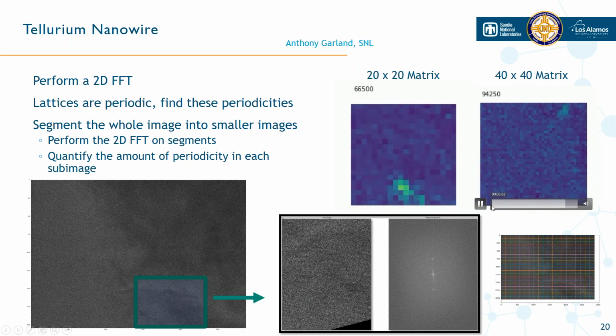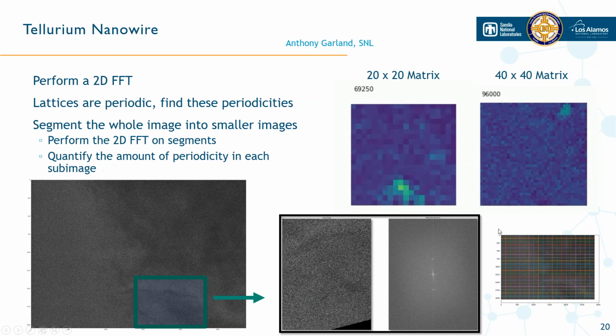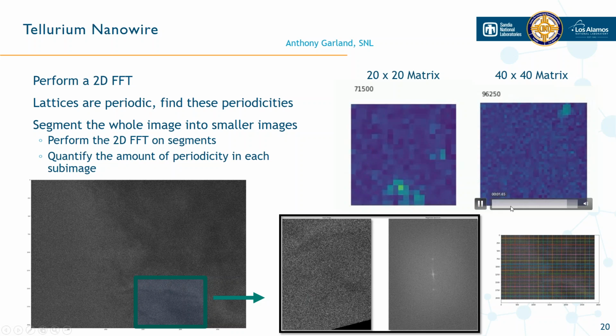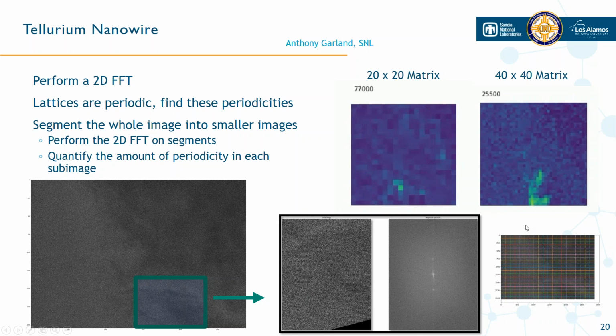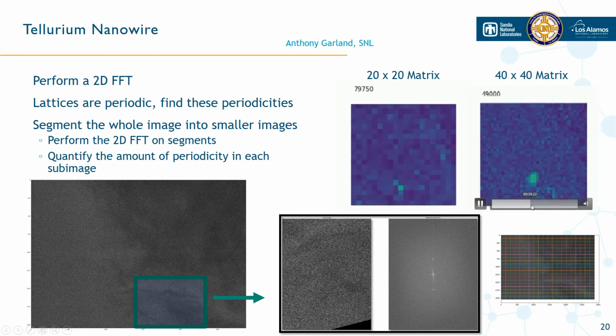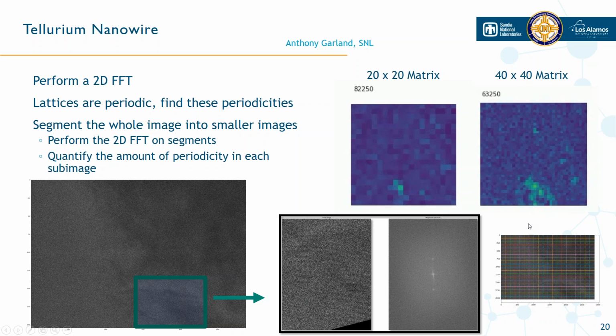On the left is a 20 by 20 matrix, and on the right is a 40 by 40. Here you're seeing that throughout this video, there actually is a lot of lattice information that's coming in and out of the different frames. This can help you identify which frames are of interest. I think the number counting is in microseconds of the image being played.